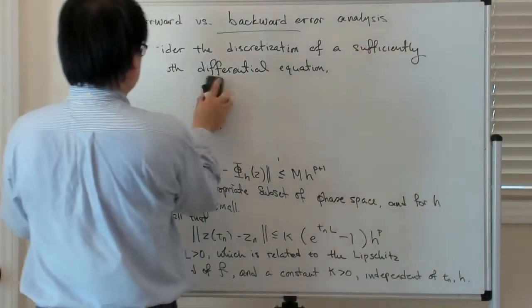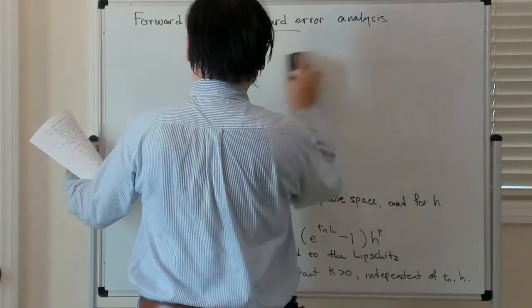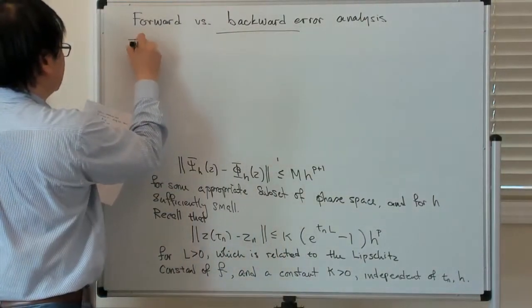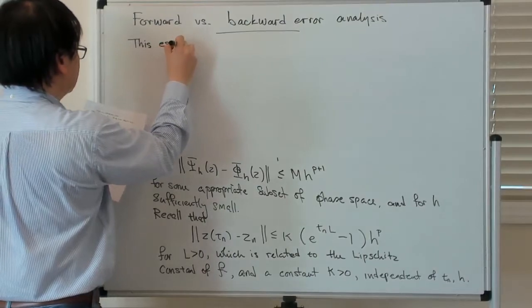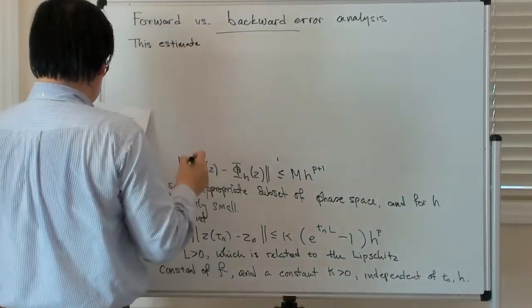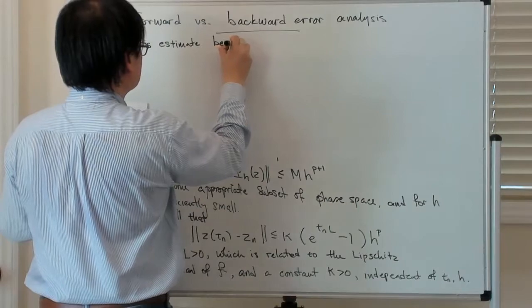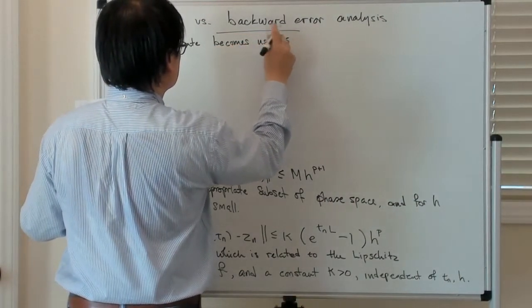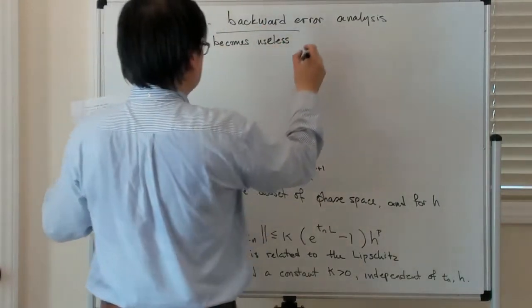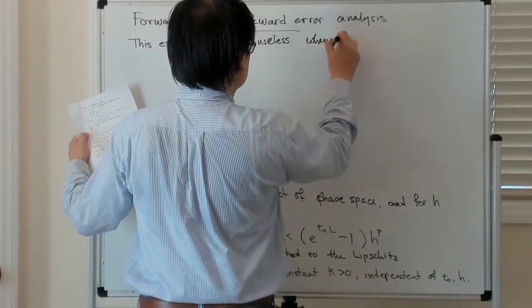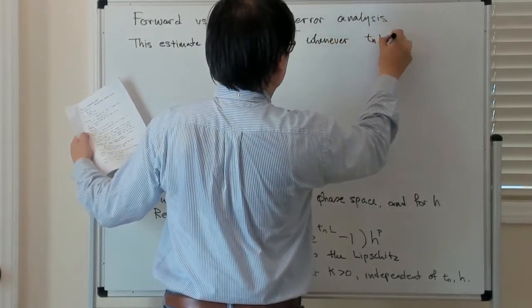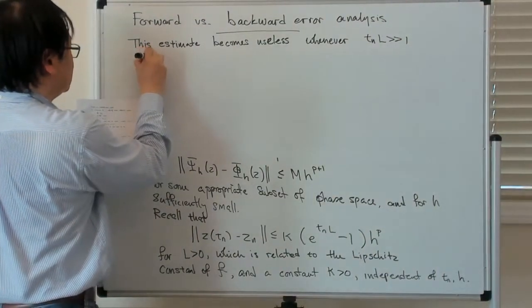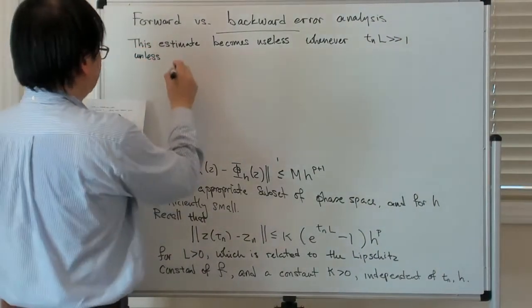So this estimate becomes useless whenever t_n times L is very large, unless very small time steps are taken.